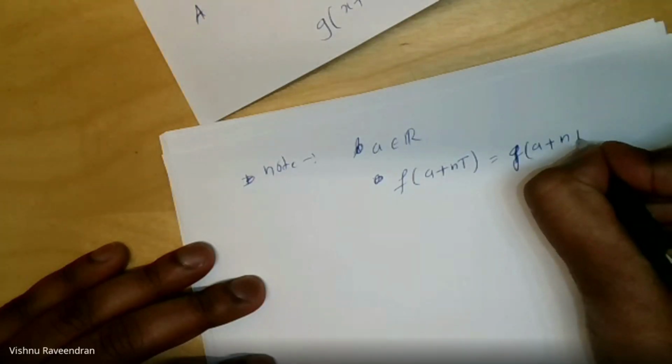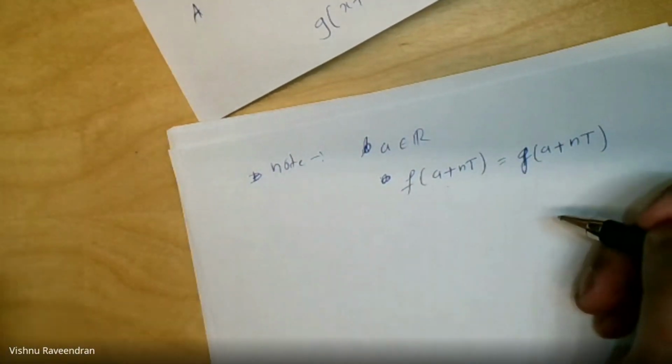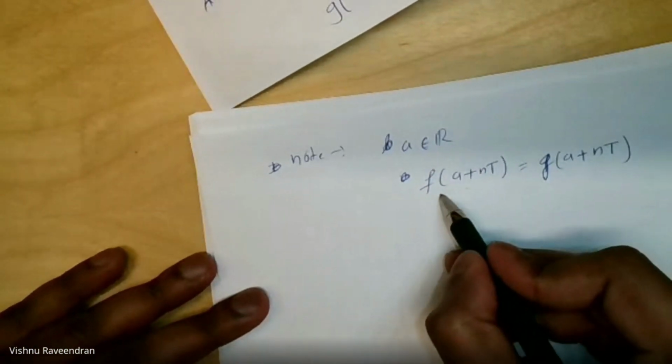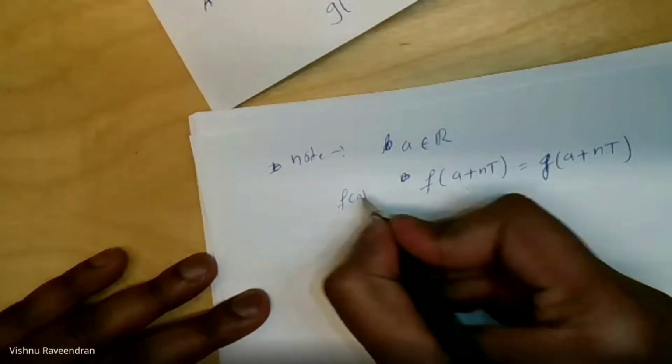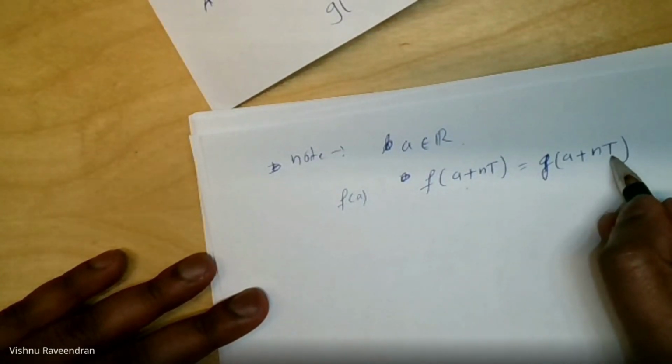And so the thing is that now we know f and g have the same period, right? So if you take any point A in R, we can write f of A equal to f of A plus nT and g of A equal to g of A plus nT.